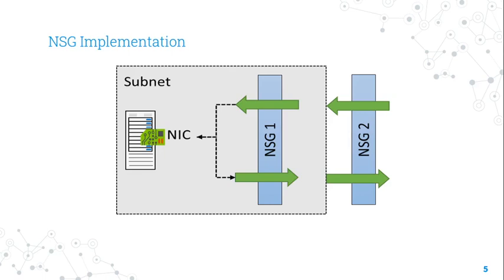Any traffic allowed through the subnet NSG is then evaluated by the VM NSG. The reverse is applicable for outbound traffic, with the VM NSG being evaluated first. Any traffic allowed through a VM NSG is then evaluated by the subnet NSG. This allows for granular security rule application.